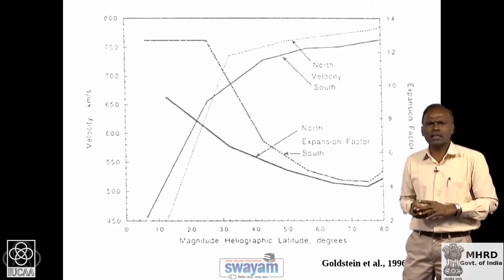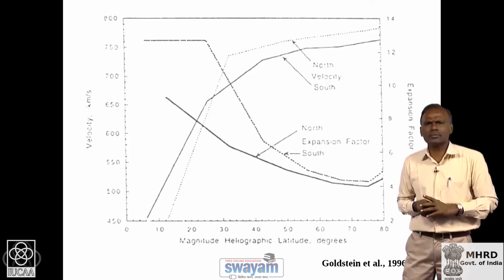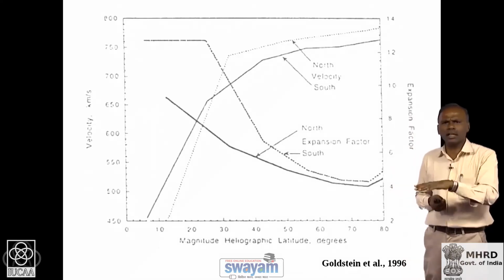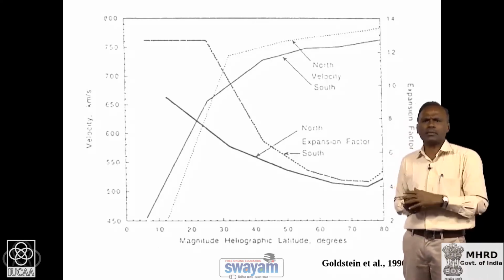The solid curve is for the north, and the bottom solid curve is for the north, and the dotted line is for the south, and then we have the expansion factor.